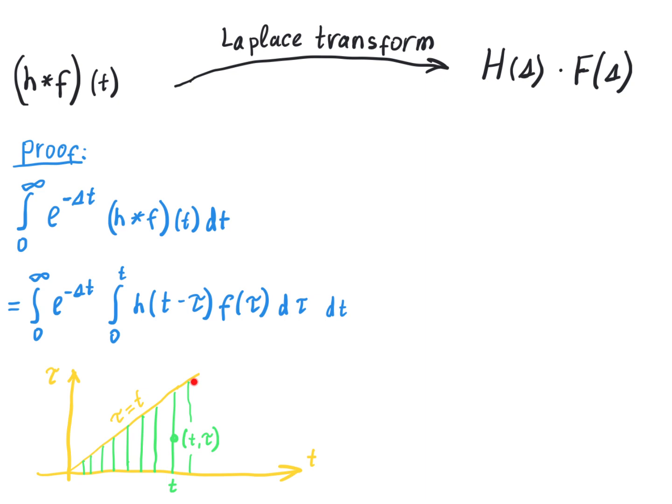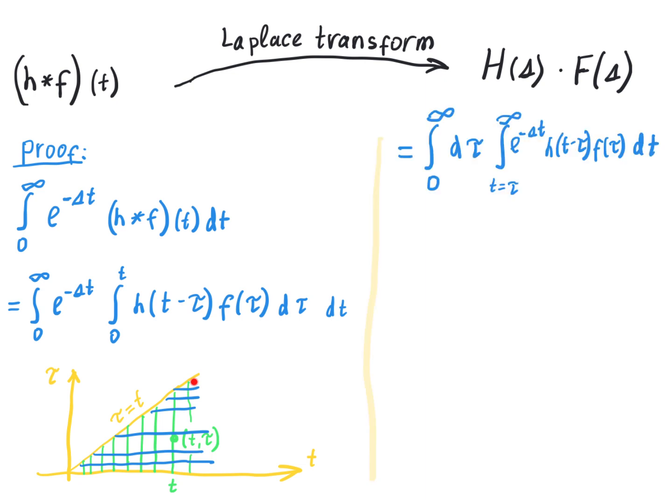Now, we don't have to scan the sector the way we did, first vertically and then adding this up. We can also scan in a different direction. For example, we can scan horizontally first, and then add up the results. So we arrive at the following integral.